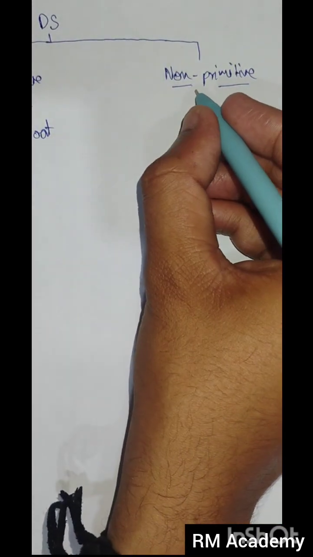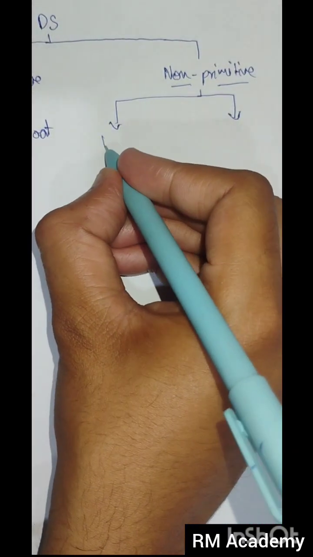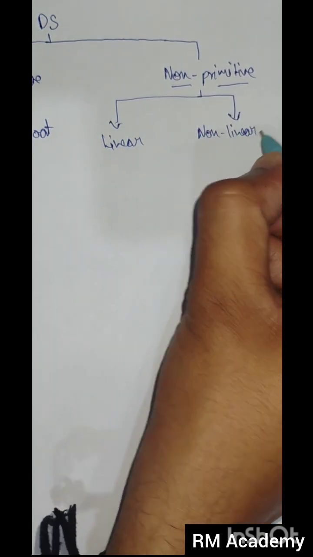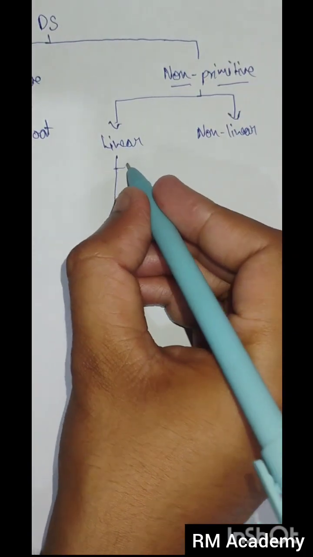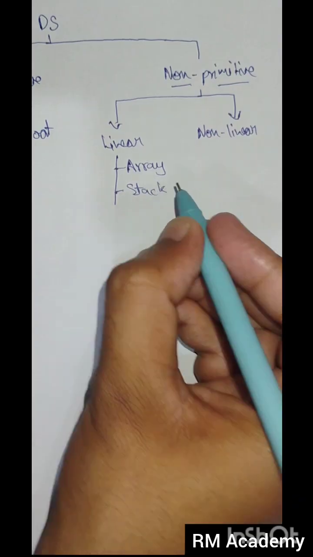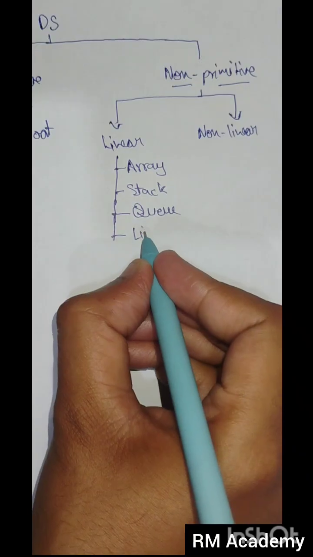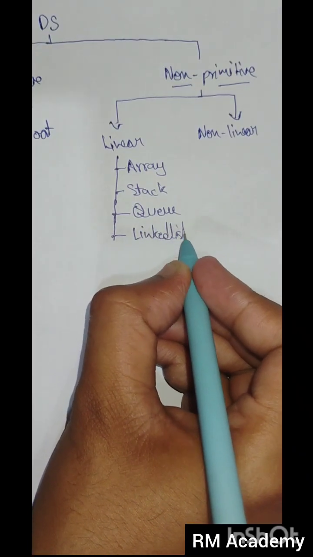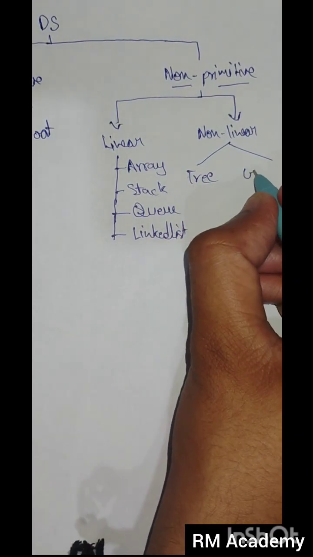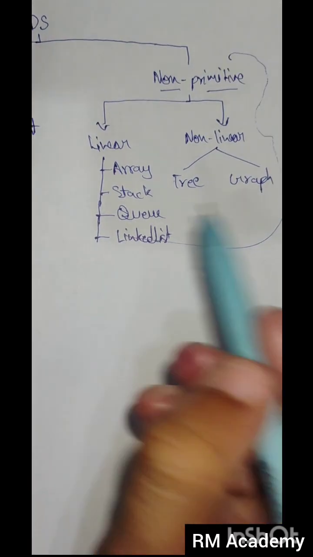So there are two types of non-primitive data structure: linear, non-linear. In linear data structure, there are four types: array, stack, queue, linked list. In non-linear data structure, there are two types: tree, graph. So in DSA, we will discuss only non-primitive data structure.